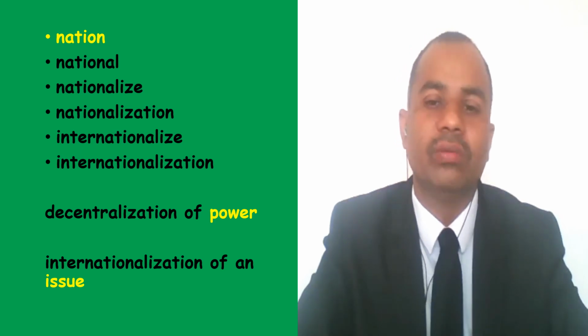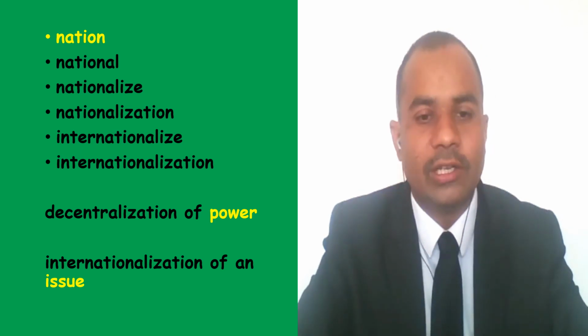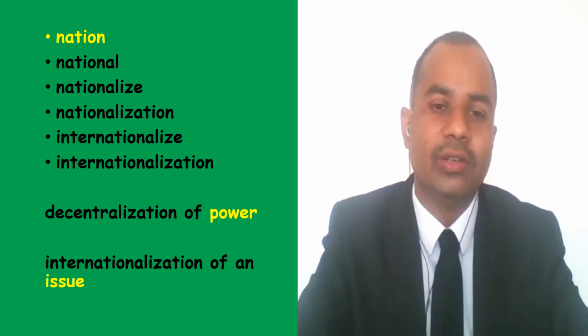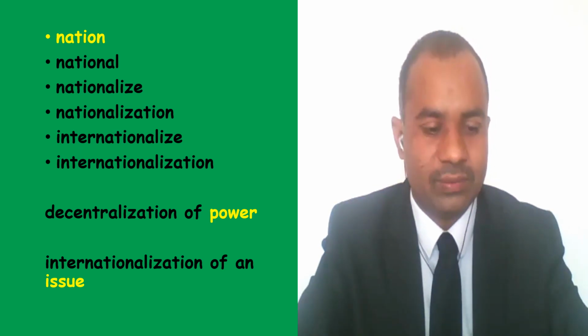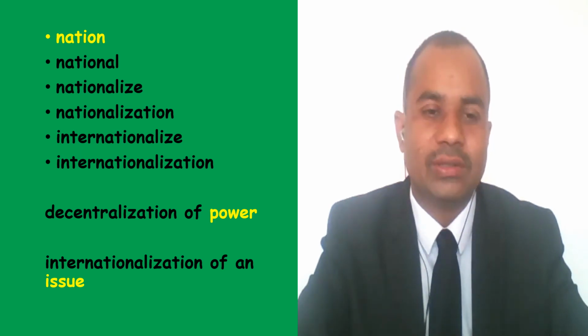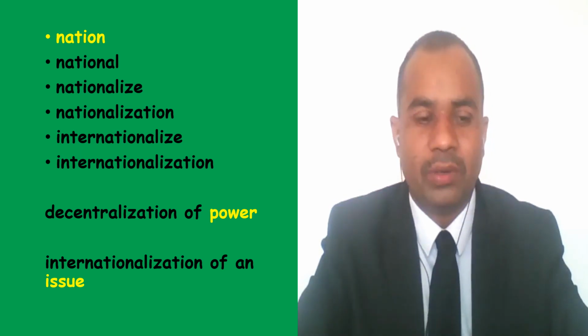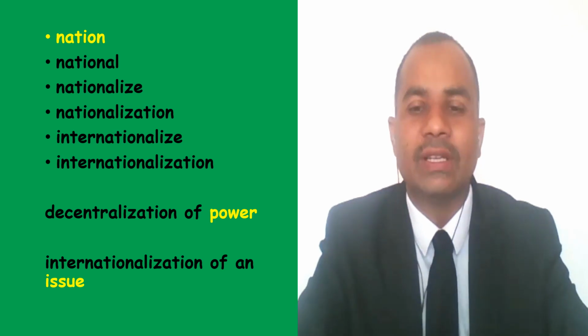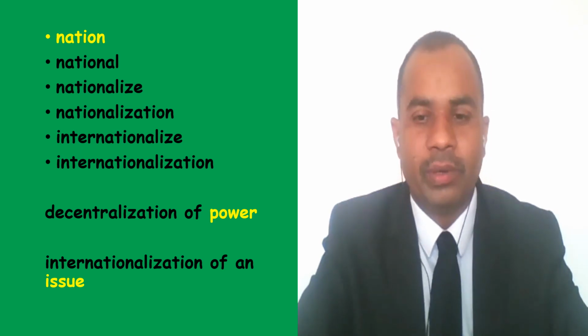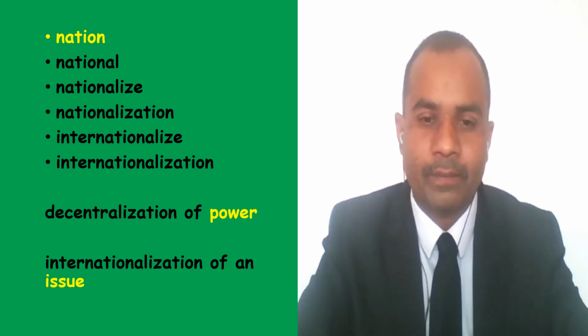In democracy we have decentralization of power, whereas in some other kind of system we have a centralization of power. And many people enjoy this liberty of power at different places.